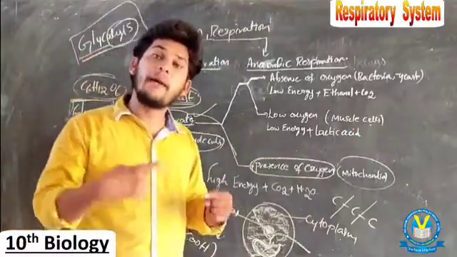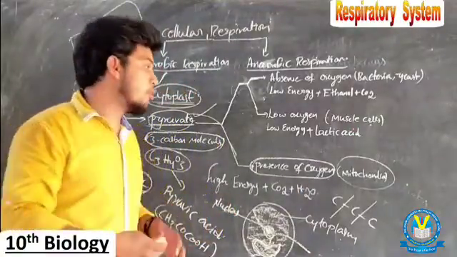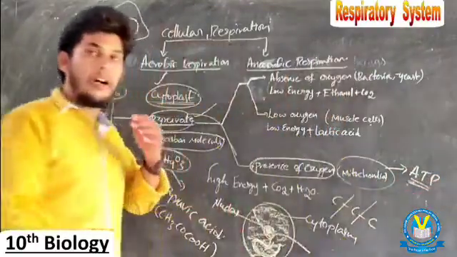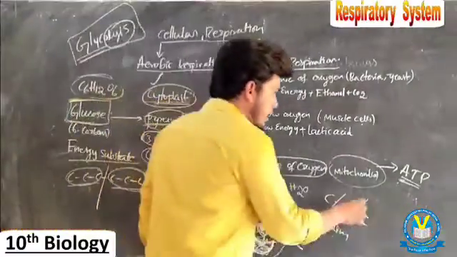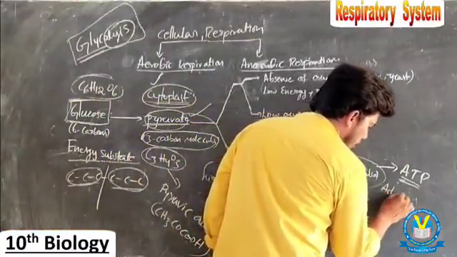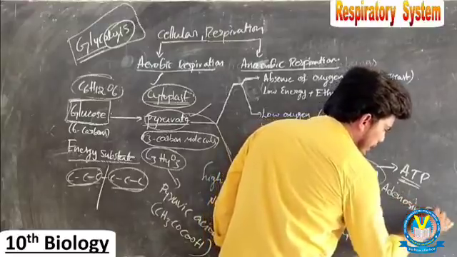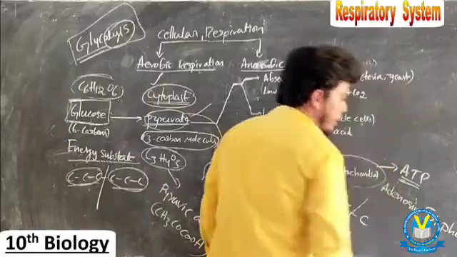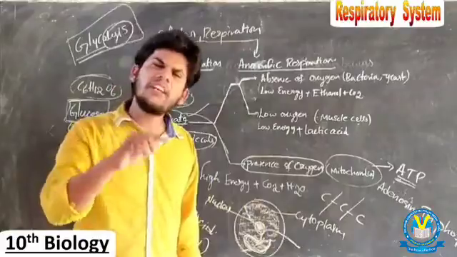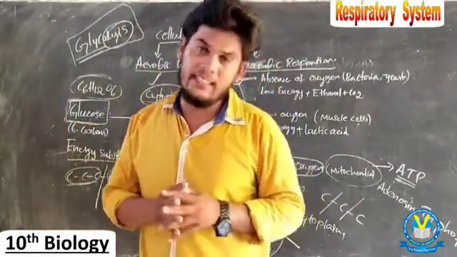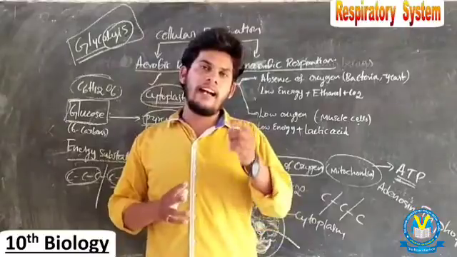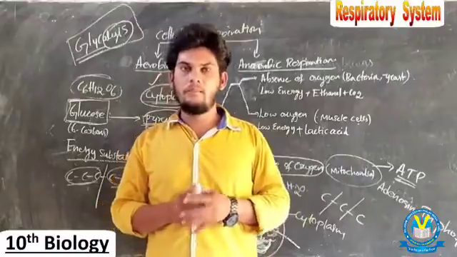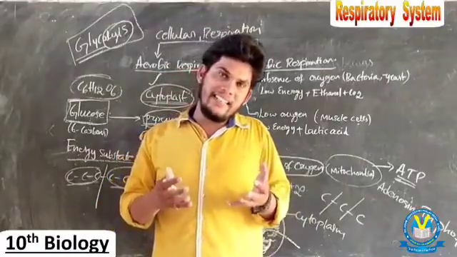When that energy is released in the mitochondria, it is stored in the form of ATP. ATP stands for adenosine triphosphate. That's why ATP is also called the currency of energy or power, because it acts as a currency.